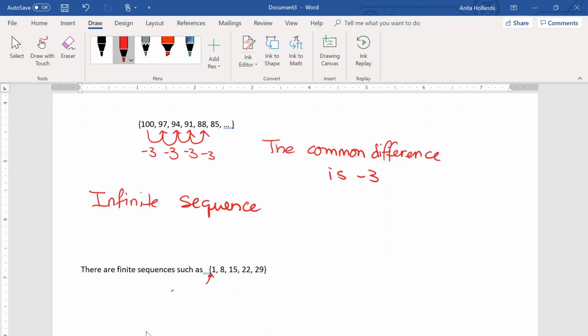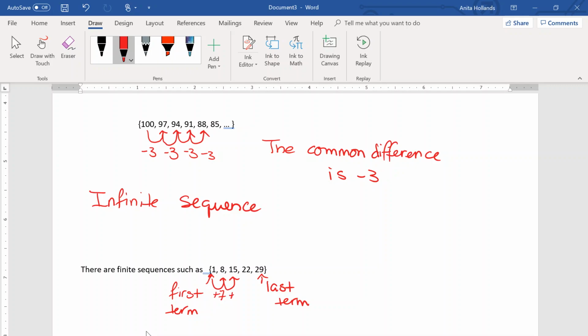This term here, we call our first term. Our first term in this sequence is 1. And this term here is called our last term, and in this case, it happens to be 29. Now, let's take a look at what the common difference is. You'll notice that I had to add 7 to go from the first term to the second term.